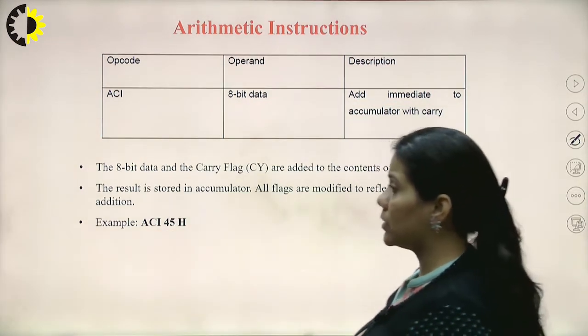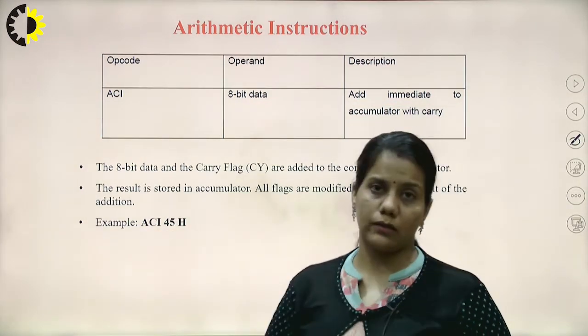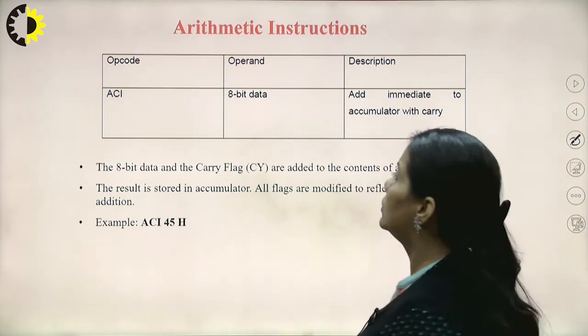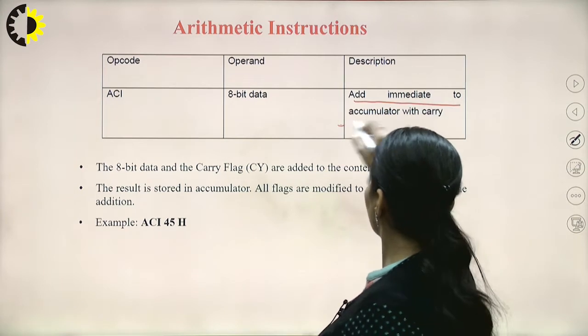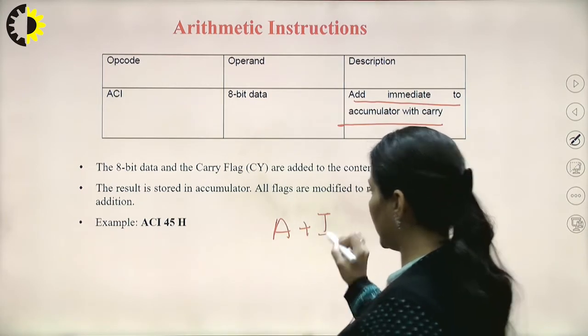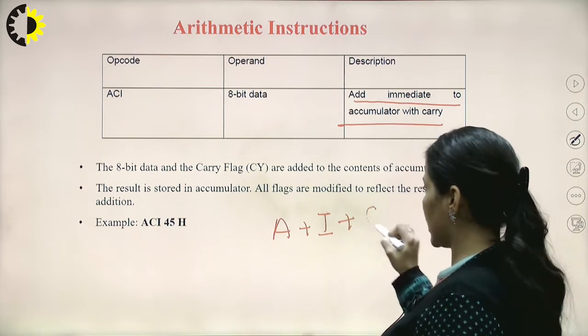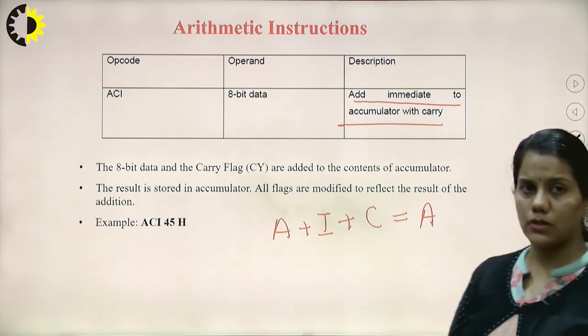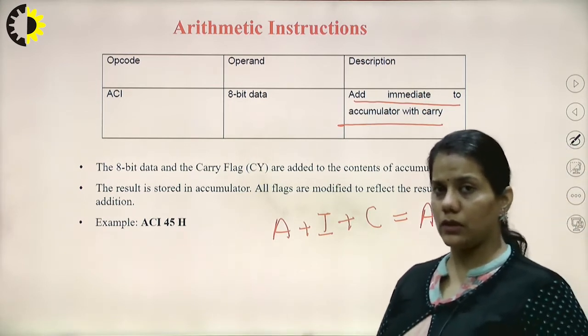Next instruction is ACI, which will add the immediate data given in the instruction along with the carry. So it will add immediate to the accumulator with carry, meaning accumulator plus immediate data plus carry, and the result will be stored in accumulator.